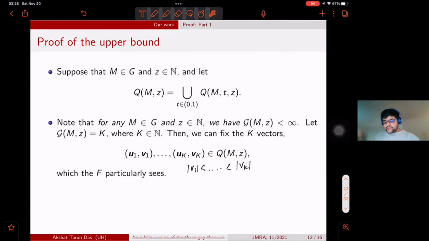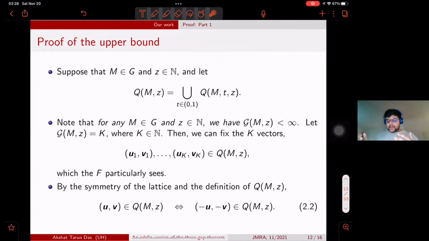Okay, so now the next useful proposition that we have is that using the symmetry of the lattice, which is also useful in actually proving the well-definedness of the function f, and the way we are defining our collection of lattice points, if uv is in QMZ, then minus u minus v will also be in QMZ.